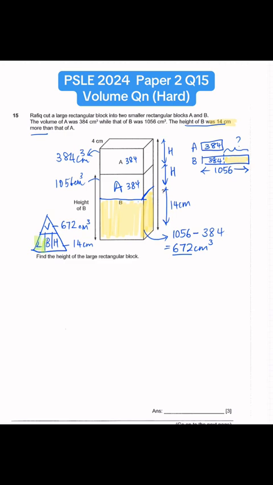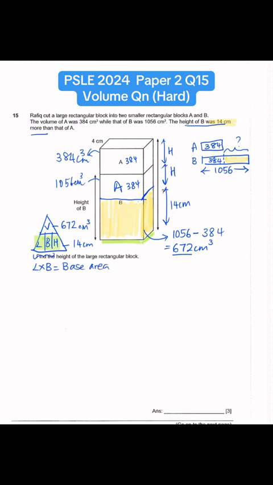This length and breadth refer to this length and this breadth, which we call length times breadth. We call it the base area.